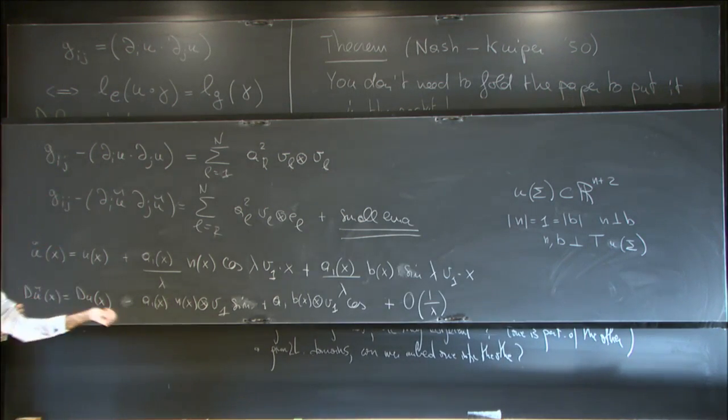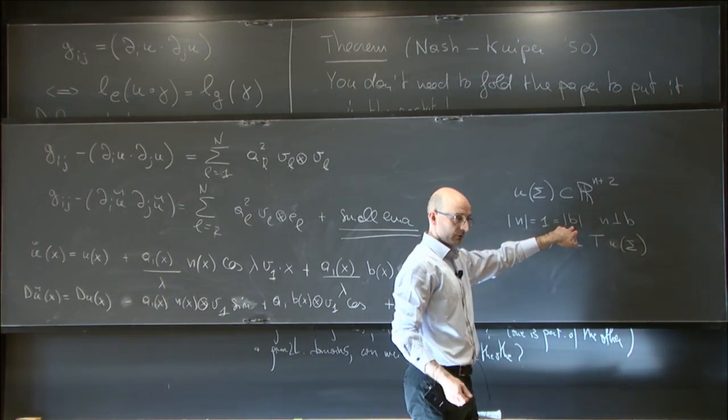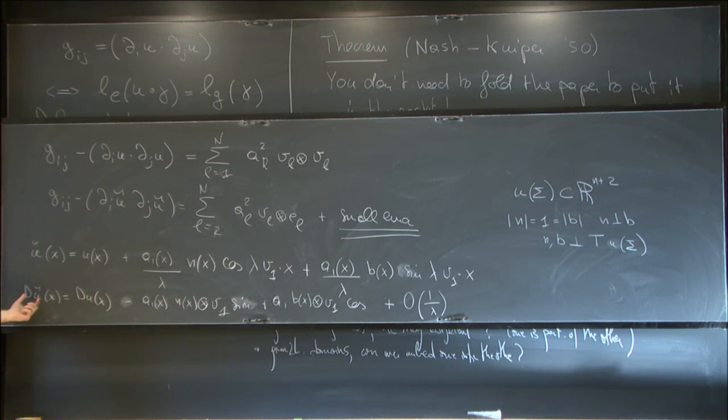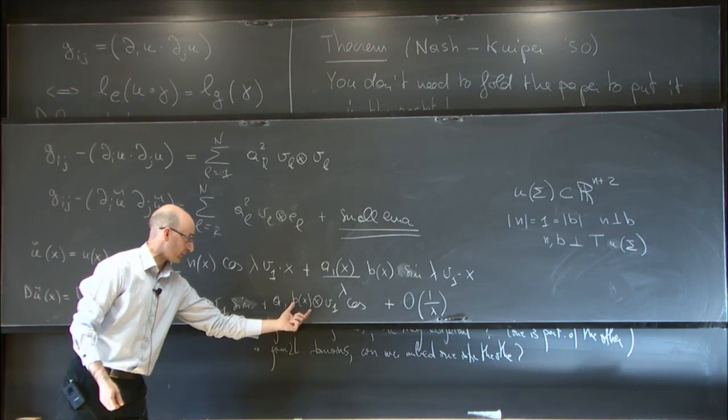And now what happens? It happens that since you have the orthogonality conditions between n and b, right? When I compute the metric, which is a quadratic expression in u tilde, it will essentially be the sum of the quadratic expression on this, the quadratic expression on that, and the quadratic expression on that.